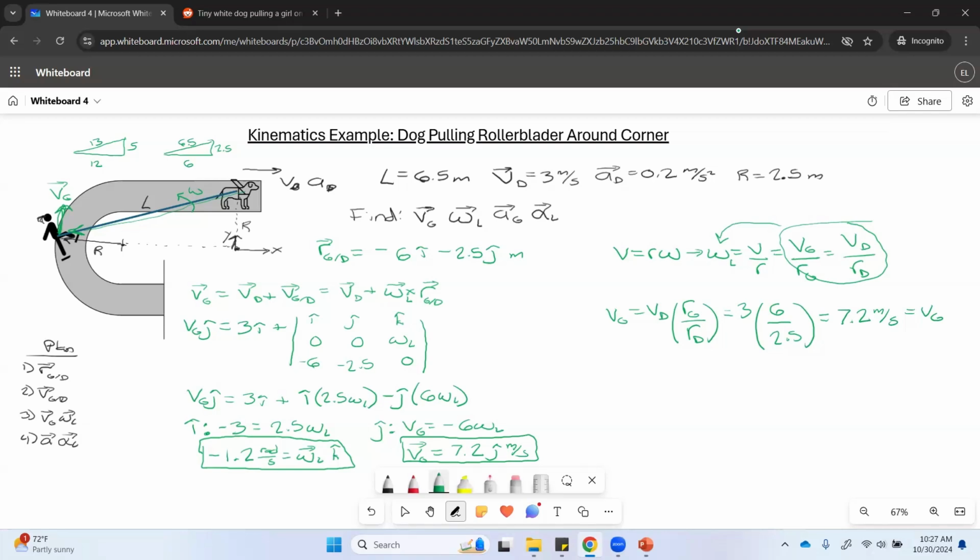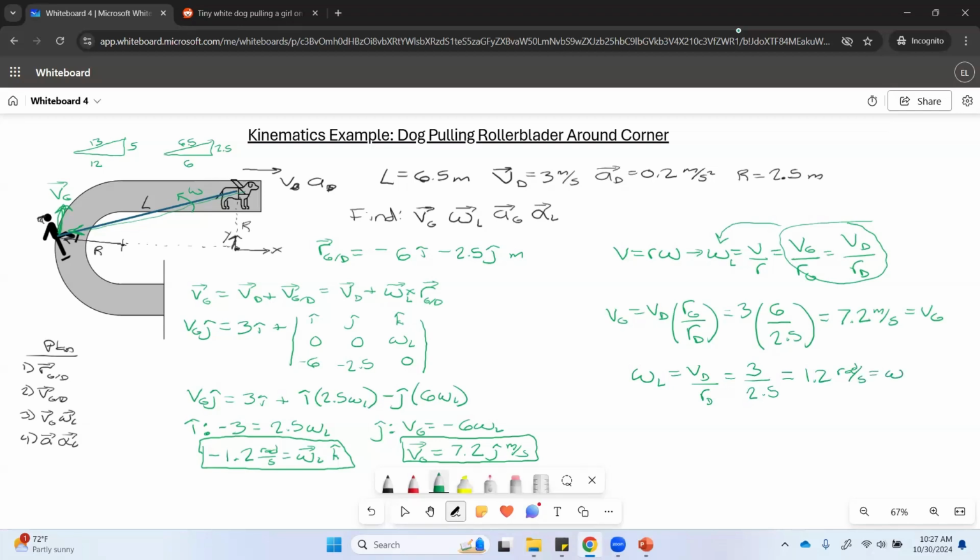So then plugging back in, we can find omega. Omega equals VD over RD, or it could be VG over RG, either way. And that will give us 3 over 2.5, which equals 1.2 radians per second for omega.